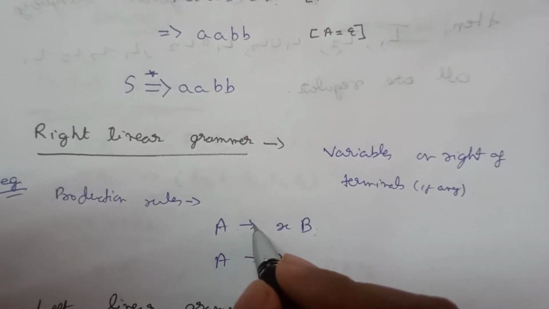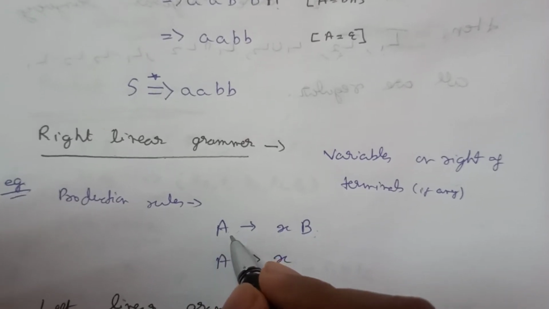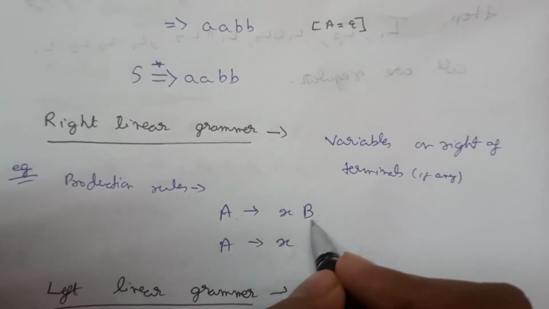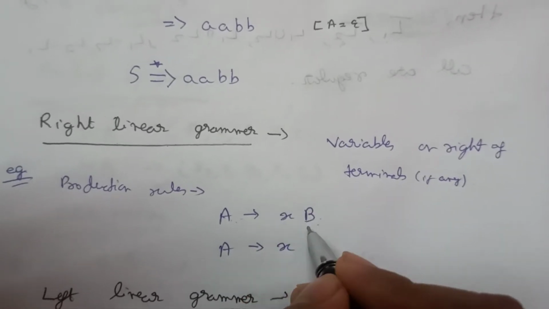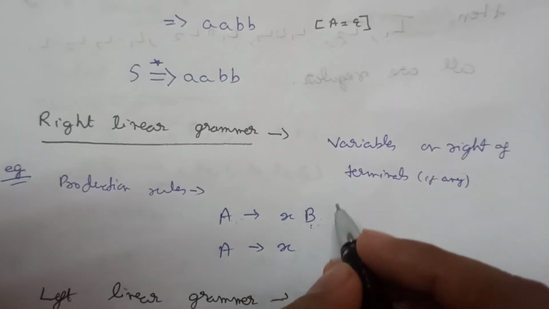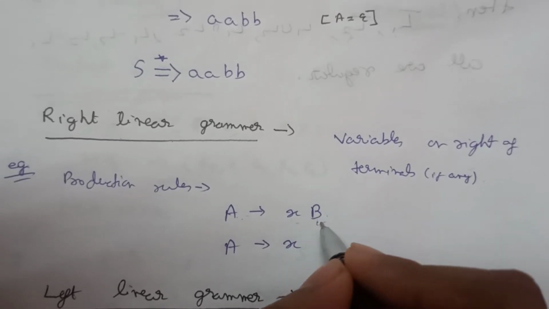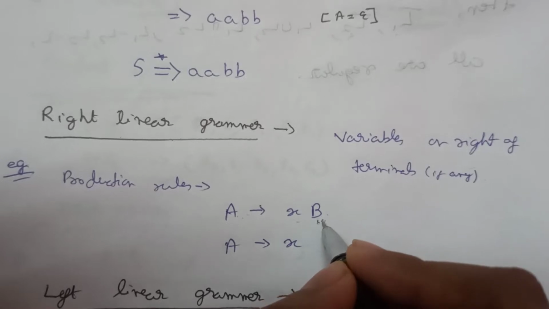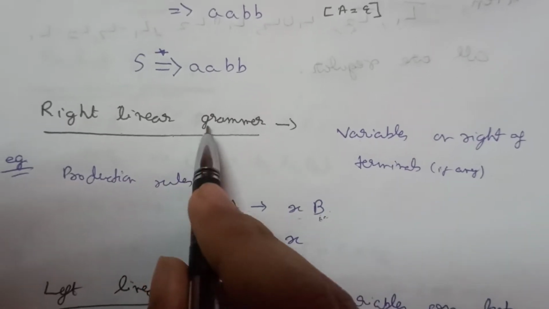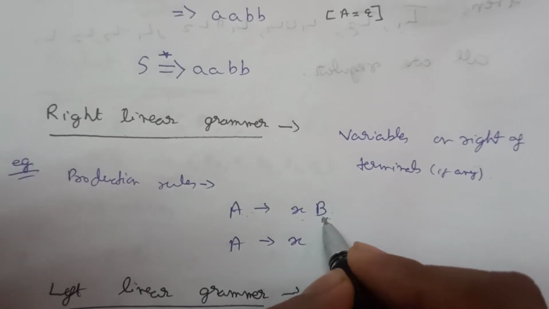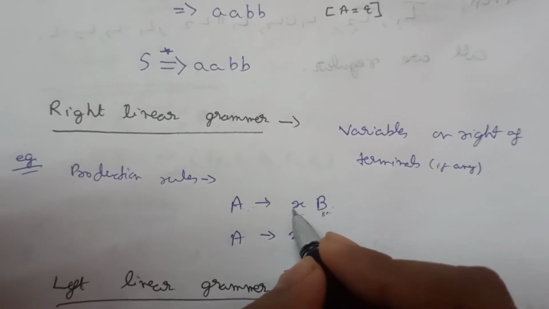Here on the left side of the production rule there will always be a variable, but on the right side of the production rule, if there is any terminal and variable combination, then the variable always comes on the right side for right linear grammar. See, here the variable B is coming on the right side of the terminal.